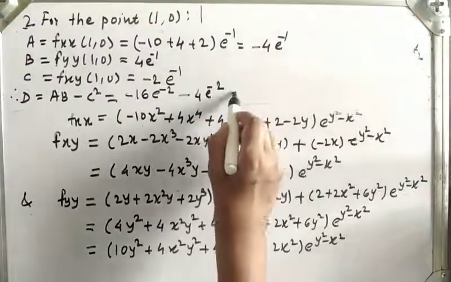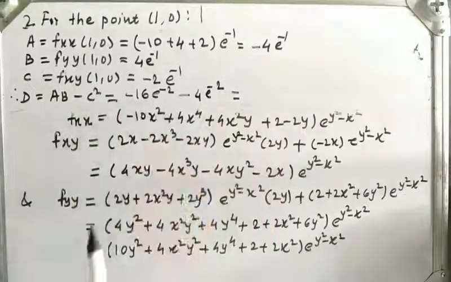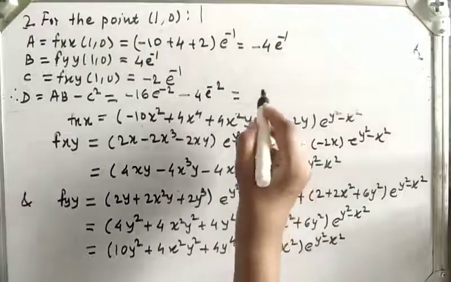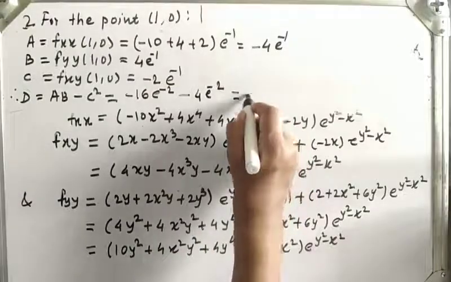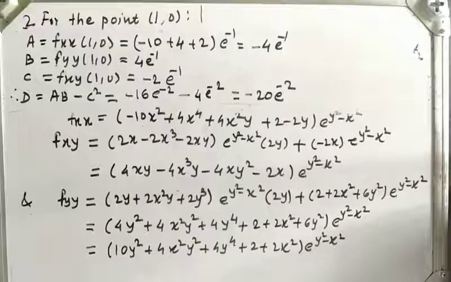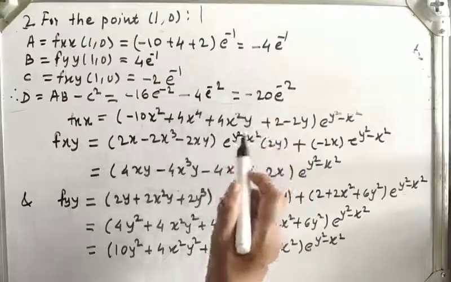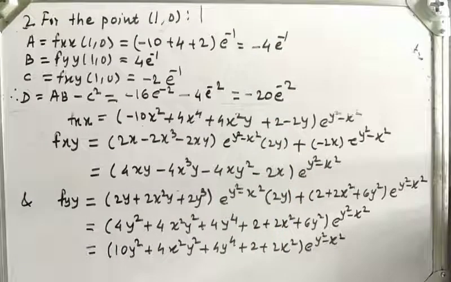We can take e raised to minus 2 common. So minus 16e raised to minus 2 minus 4e raised to minus 2. That will be minus 20e raised to minus 2. So here our D is less than 0. Therefore F has a saddle point at (1, 0).